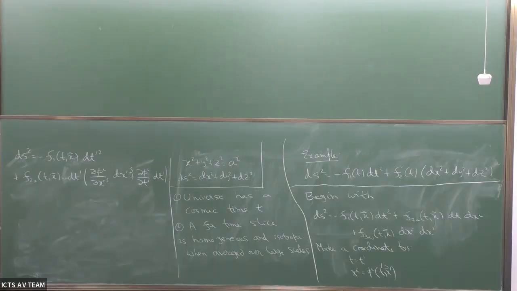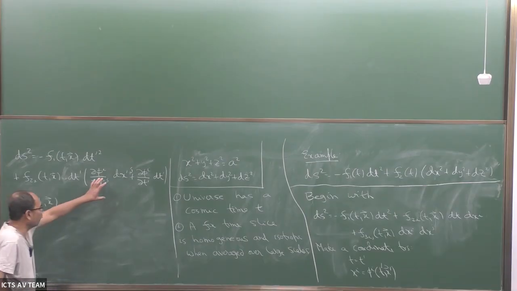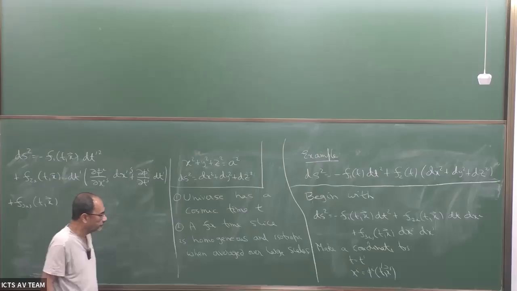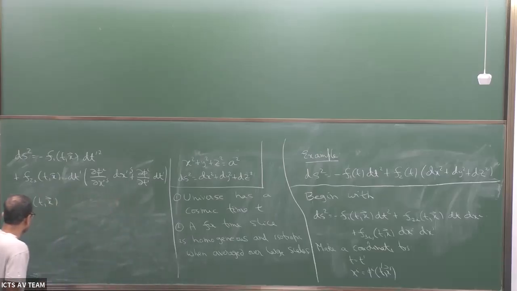And the third term, basically you have to square this. This is what dxi has become. So you have two factors of this. Let me just write this and then I think it will become clear.